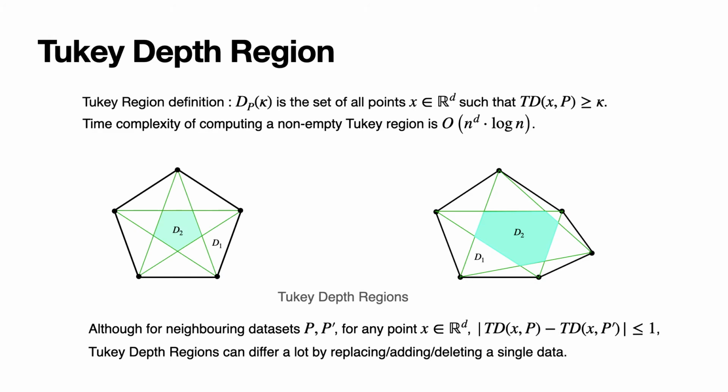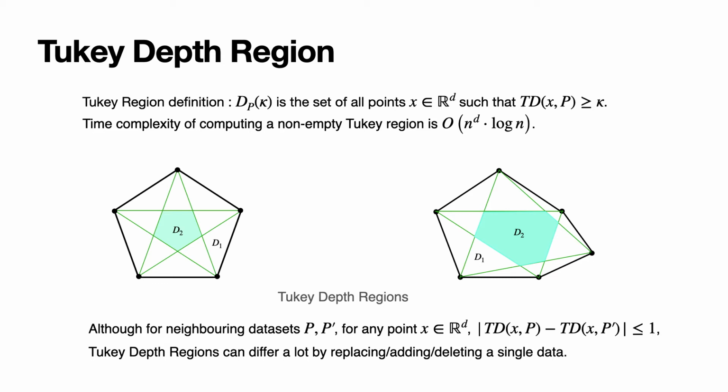The kappa Tukey region is defined to be the set containing all points with Tukey depth greater than or equal to kappa, and the time complexity of computing a non-empty Tukey region is big O of n to the power of d times log n. So, the time complexity of computing all of the non-empty Tukey regions is big O of n to the power of d plus 1 times log n.